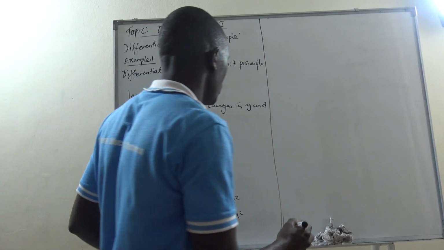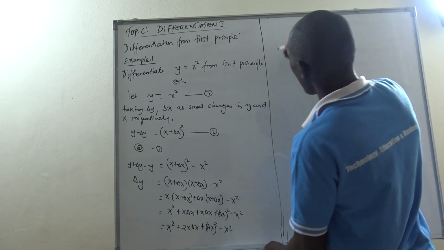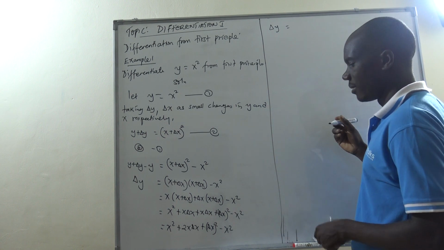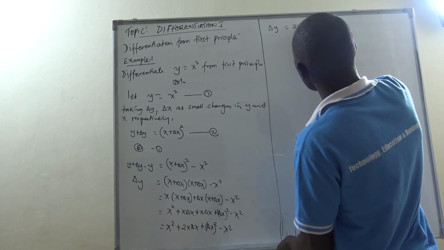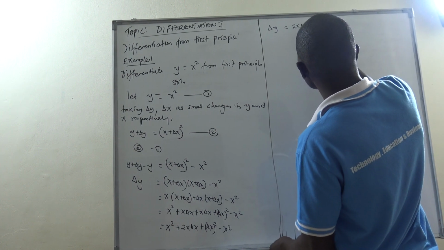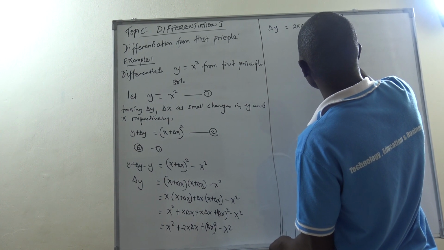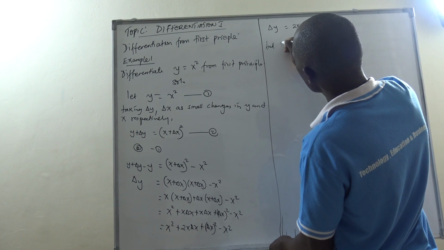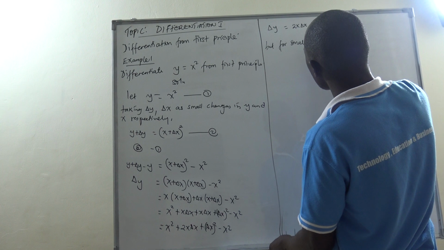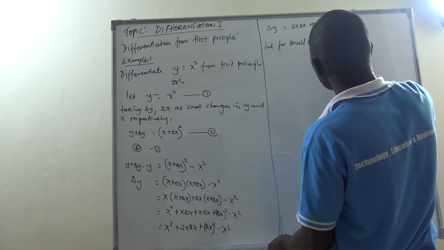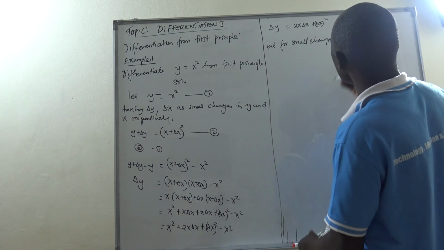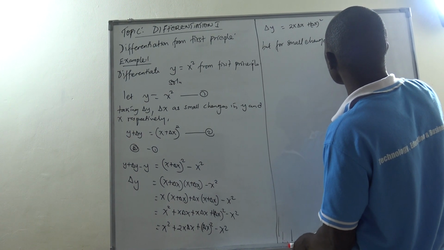So delta y equals, and x squared and x squared disappear, so we shall remain with 2x delta x plus delta x squared. But for small changes, when you say a small change times a small change, that is automatically equal to 0.